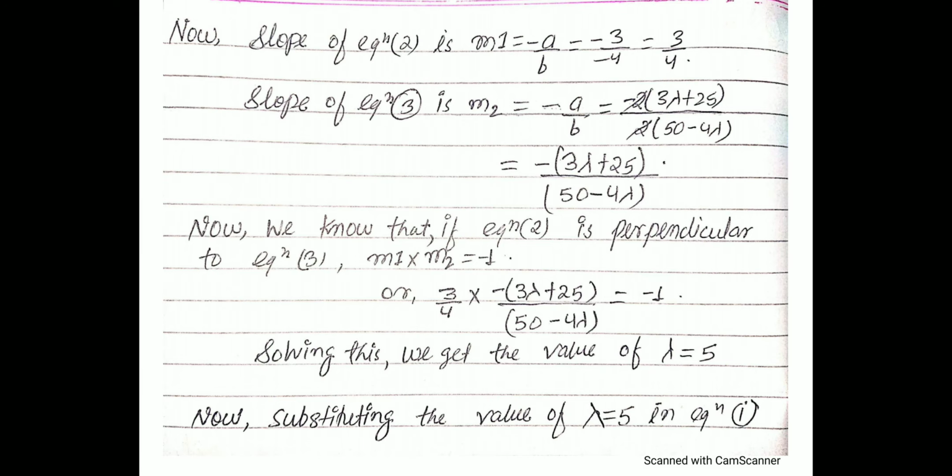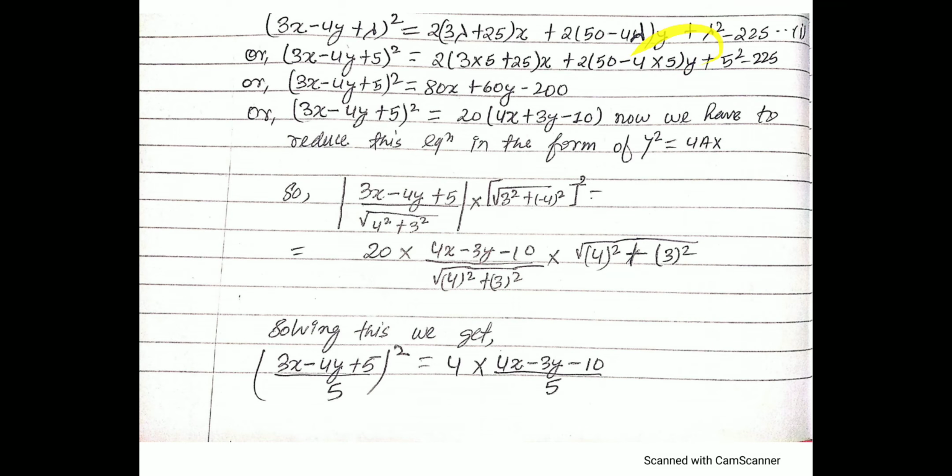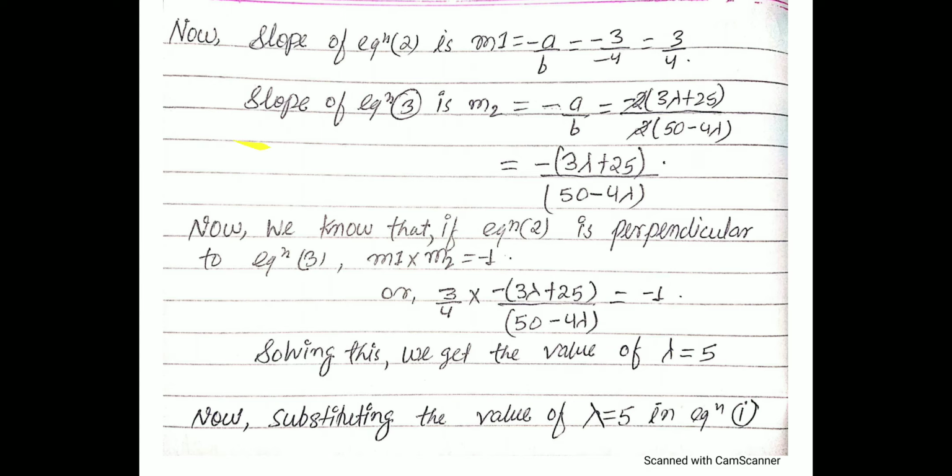Now let's move further. Slope of equation 2 is m1. We can write minus a by b, which from the equation we will get minus 3 by minus 4, which becomes 3 by 4. Now slope of equation 3 is m2, equal to minus a by b, which is minus 2 times (3 lambda plus 25) by 2 times (50 minus 4 lambda).